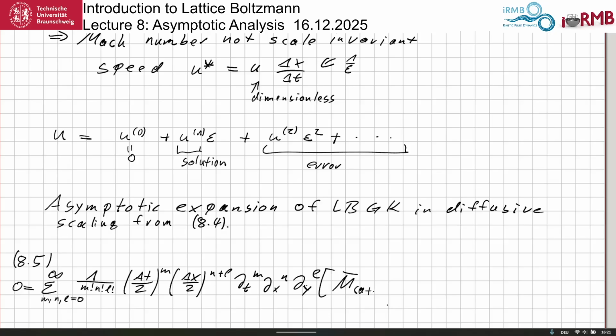So we get the moment a plus n and b plus l, and this goes into 1 minus 1 to the power m plus l plus n.